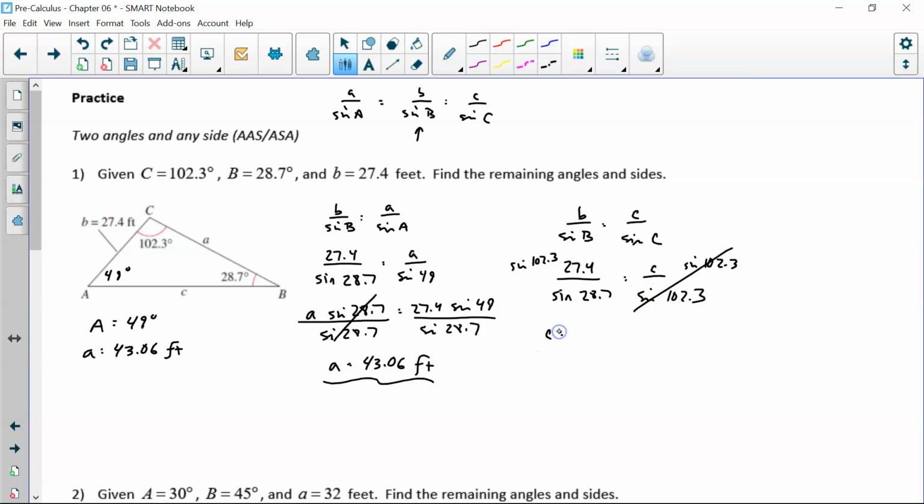So C equals the sine of 102.3 times 27.4 divided by the sine of 28.7. So side length C is going to be about 55.75 feet.